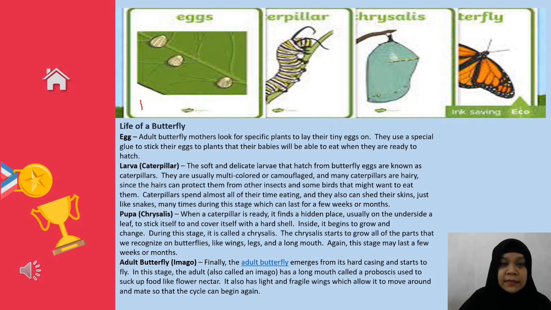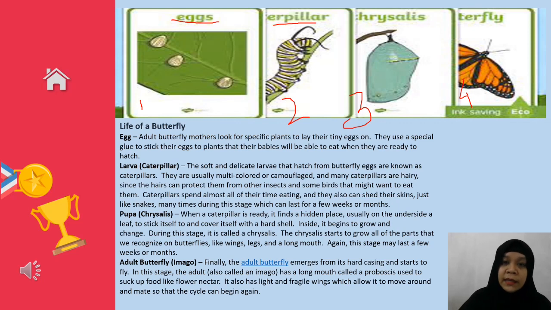So let's say this is picture 1, and then this is picture 2, and this is picture 3, and this is picture 4. Okay, and then before you look at the text, what is picture 1? Ya, gambar apa ini? Okay, this is X. And then what is picture 2? Caterpillar.